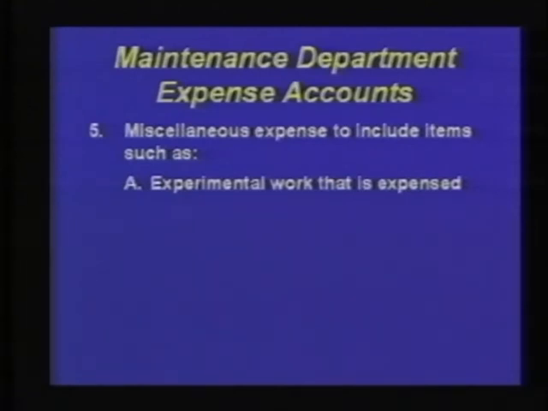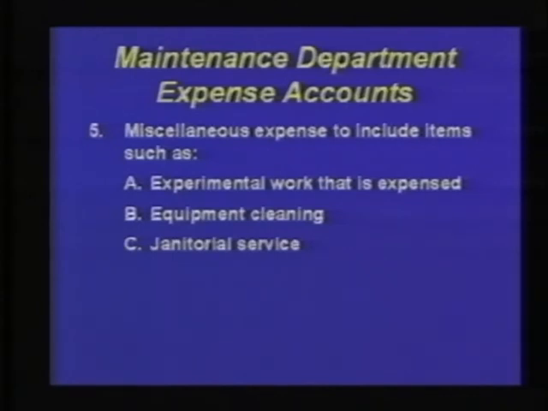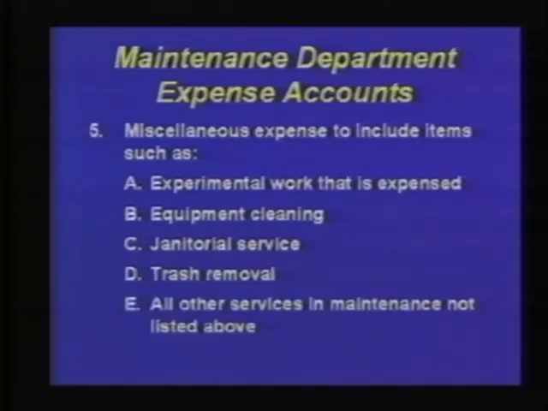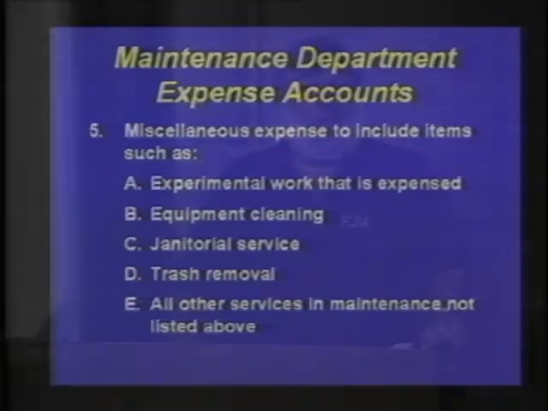That could be experimental work on a piece of equipment or tools, equipment cleaning, janitorial services, other items like trash removal, and one big one, all other services and maintenance not listed, could also include the removal of toxics and other chemicals so that we can meet the OSHA and EPA and other local, state, and local governmental requirements.